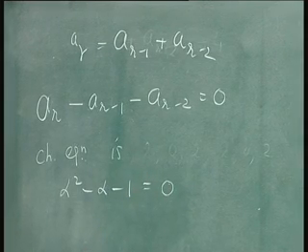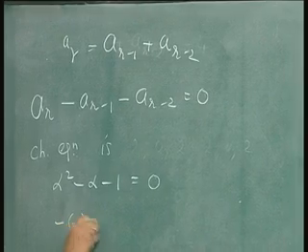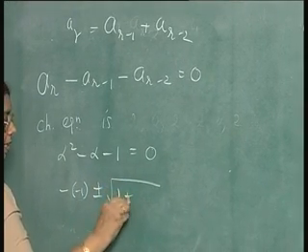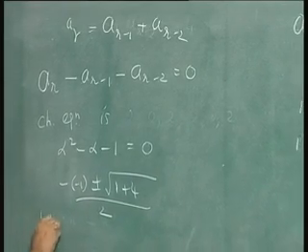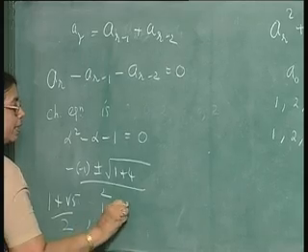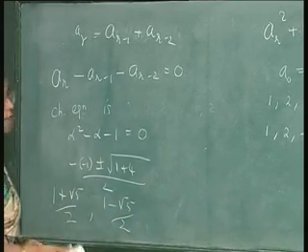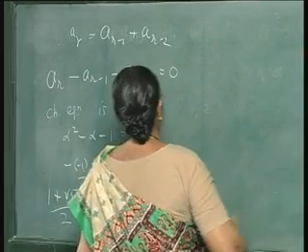What are the roots of this equation? Using minus b plus or minus square root of b squared minus 4ac, over 2a, the roots are (1 + root 5)/2 and (1 - root 5)/2. These are the two roots. If you have alpha as a root, that will satisfy this equation.